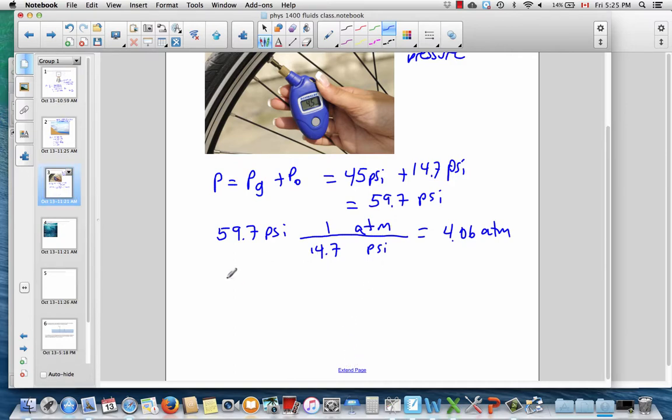Okay, and we could likewise convert this to pascal units. Because 1 atmosphere is 14.7 psi, it's also 101,325 pascals. So cancel off psi, convert to pascals.